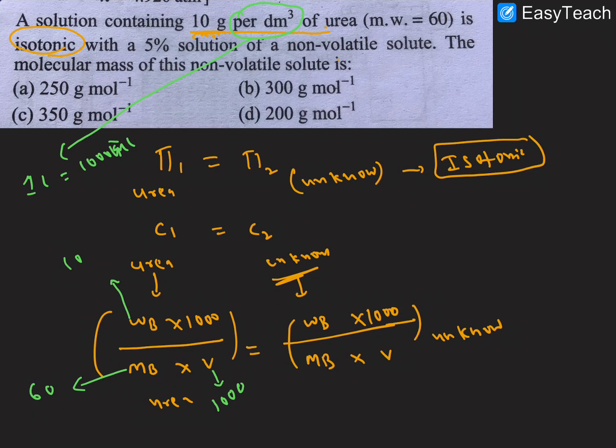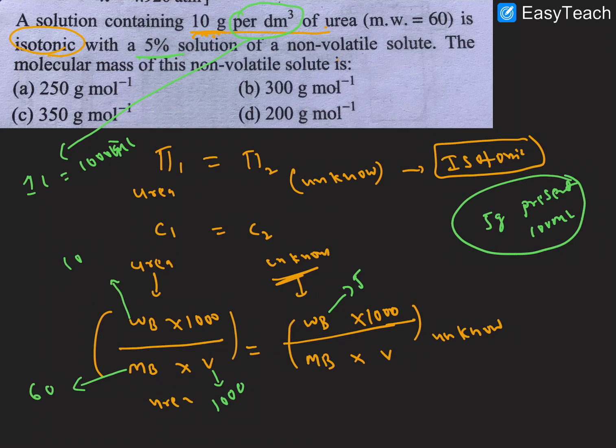And then the next one, the weight of substance here is 5 grams. You're mentioning very clearly 5%. This is volume percentage: 5 grams present in 100 ml of solution.